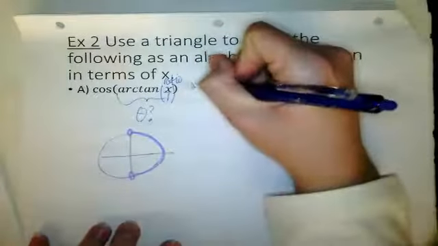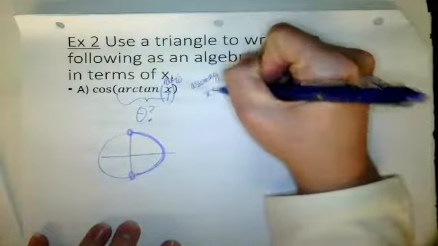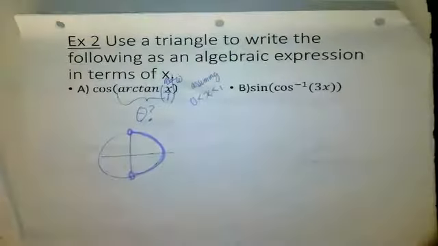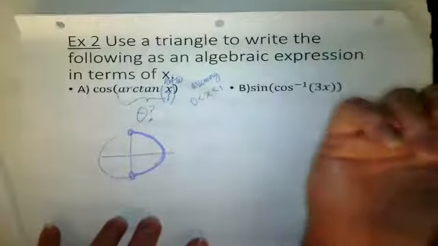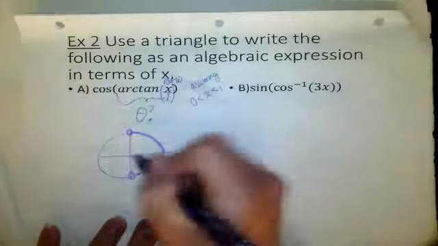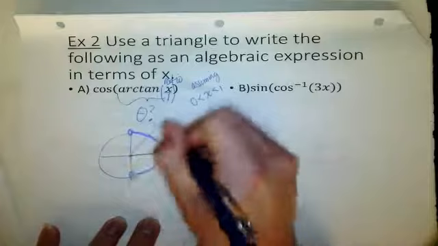We are actually assuming that x is between 0 and 1. That's so that it fits inside of our unit circle, and it's positive to make life easy. So we're assuming that this is a number like 0.3 or 0.4 or 0.5. So then it's positive, so I'm going to go ahead and just draw my little angle here in quadrant 1.